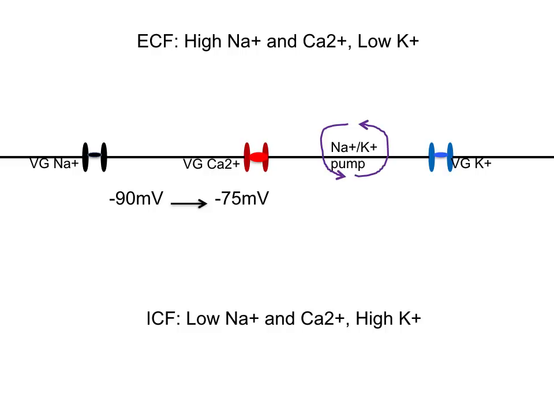That action potential is going to stimulate your plasma membrane and cause it to depolarize from minus 90 millivolts to minus 75 millivolts, which is the threshold voltage for your cardiac muscle cell. So the action potential that originated at the SA node is going to cause the plasma membrane of your cardiac muscle cell to go from minus 90 millivolts to minus 75 millivolts, your threshold.